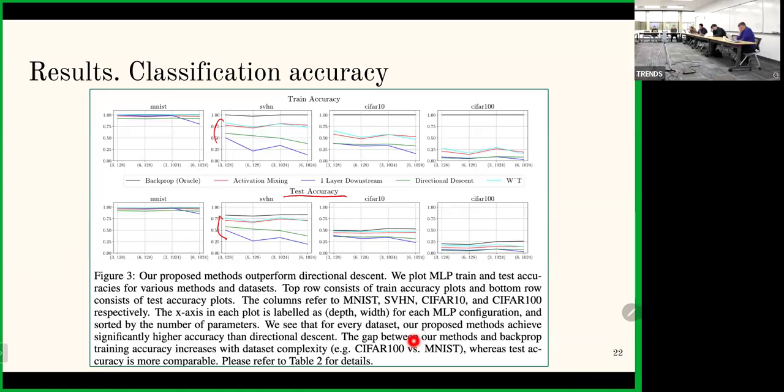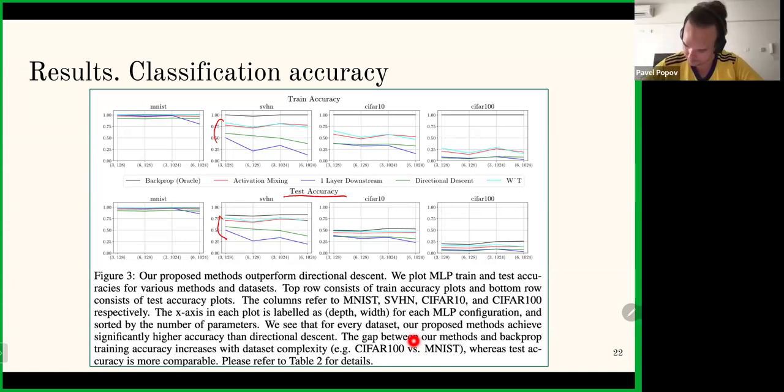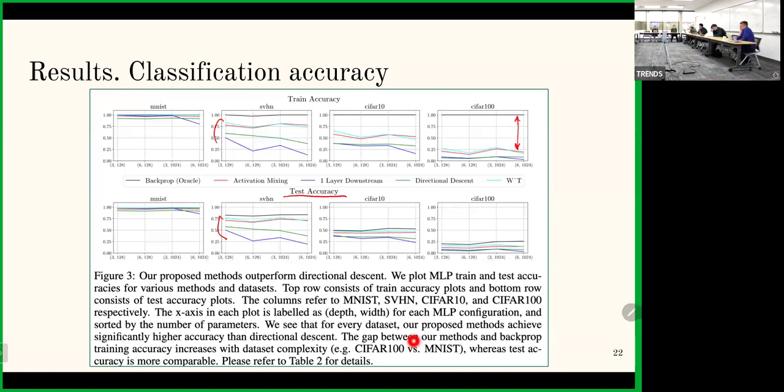Well, unclear. For CIFAR-10, backpropagation does not generalize better than any other method. Well, we don't have error bars here, so I assume they overlap with the next method. So I assume they're not better than the next method.